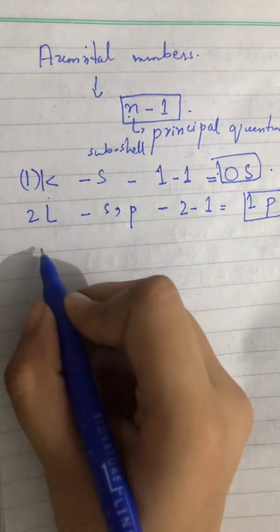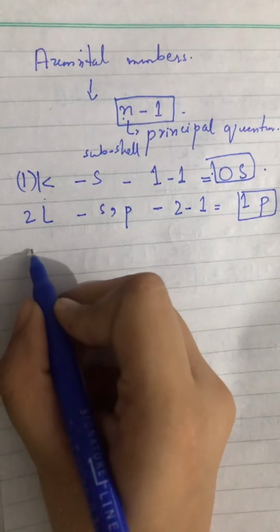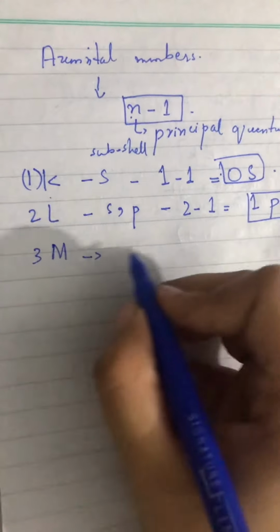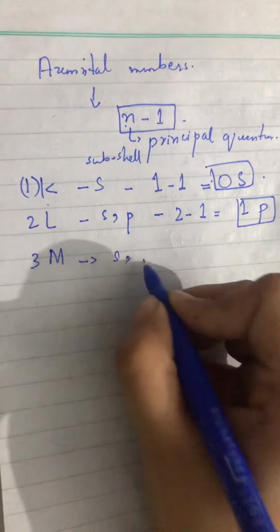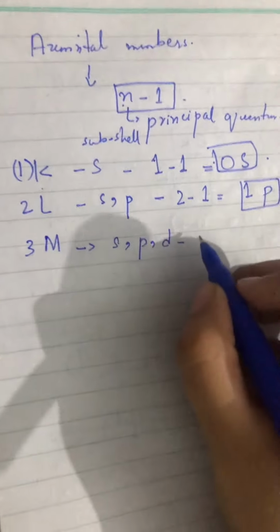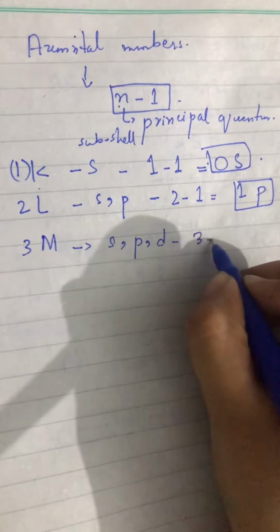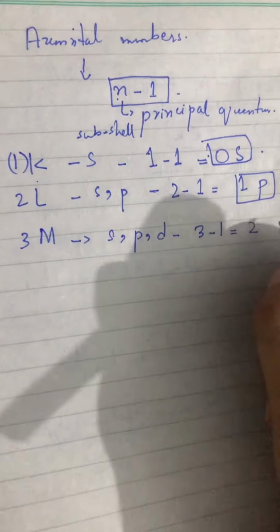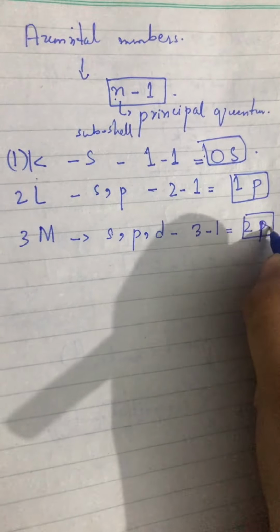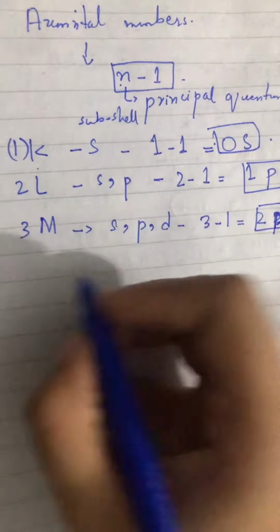Now if we find D, in M, the third shell, we have 3 subshells, S, P, D. 3 minus 1 will be 2. So the azimuthal number of D is 2.